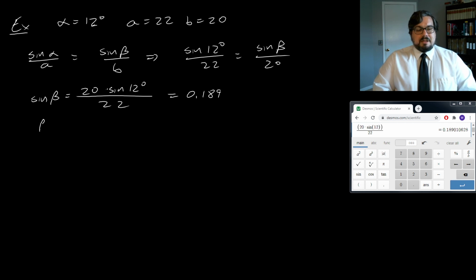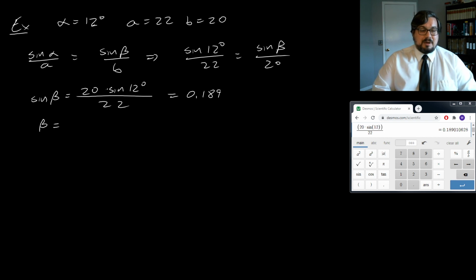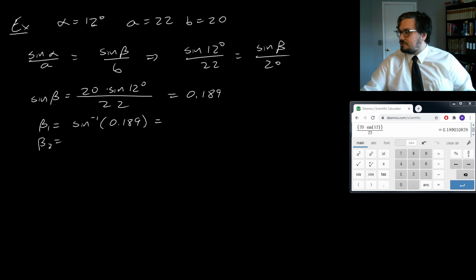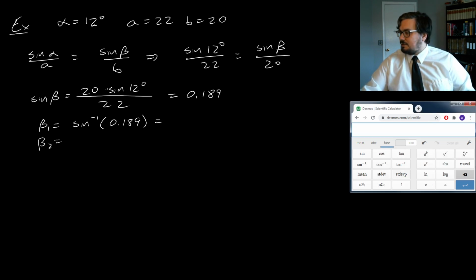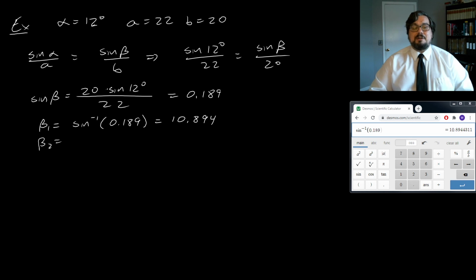So we can figure out what beta is here. And again, we're going to get two different possibilities. We're going to have a beta 1 and a beta 2. Our first possibility for beta is just going to be the inverse sine of 0.189, which we can do in the calculator. Inverse sine of 0.189 is 10.894. So one possible value for beta is 10.894 degrees.